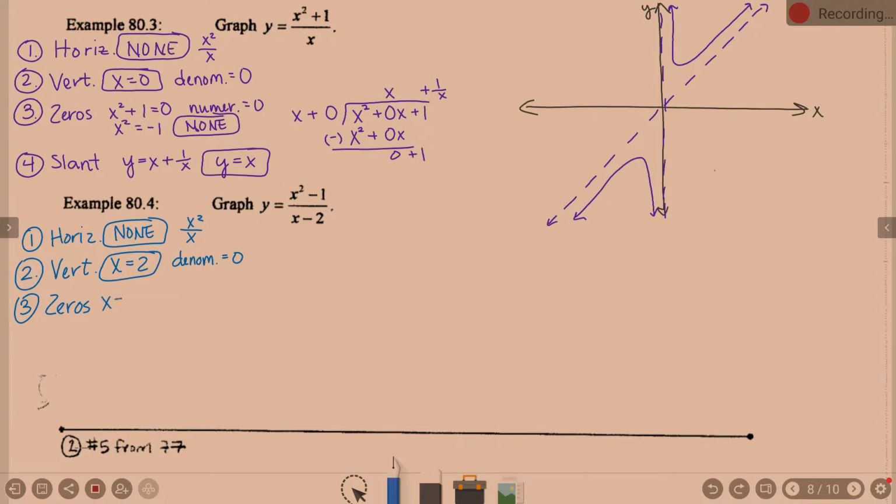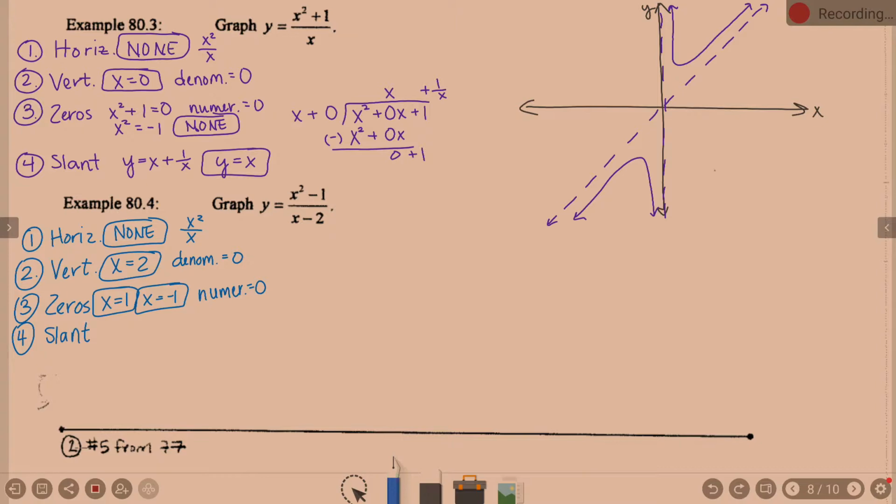And so you're going to have x equals 1 and x equals negative 1. I don't know why I didn't just write plus or minus, but that is from setting your numerator equal to 0. You can factor that as x plus 1 and x minus 1, or you can just set x squared minus 1 equal to 0.